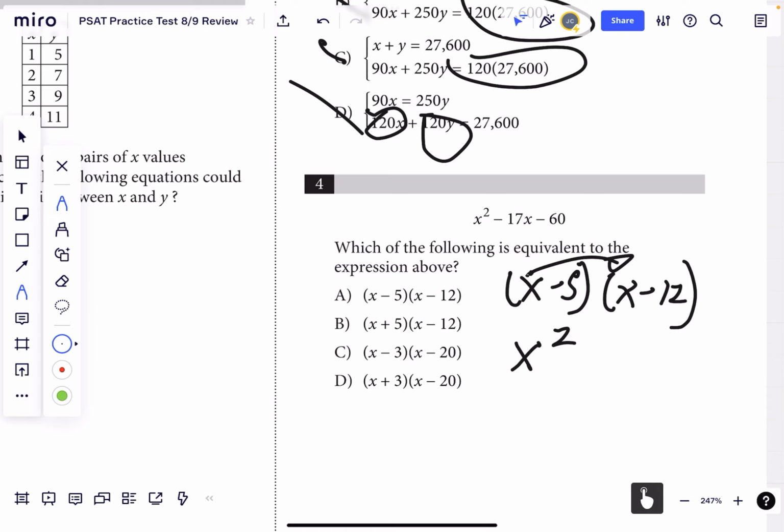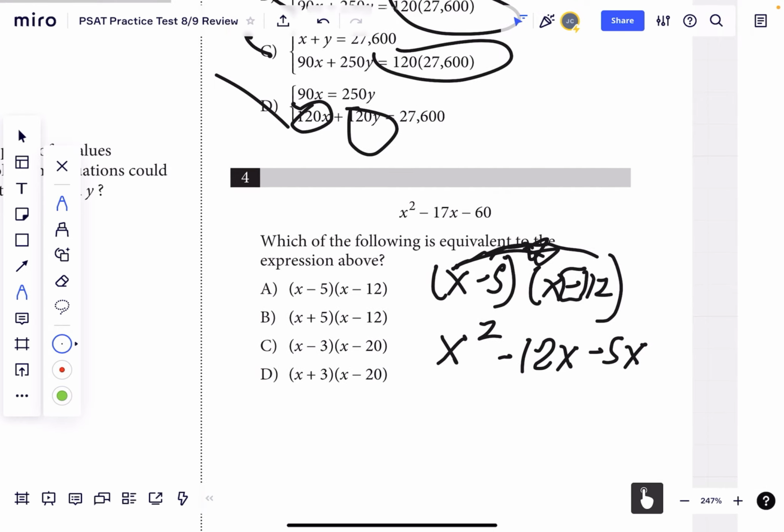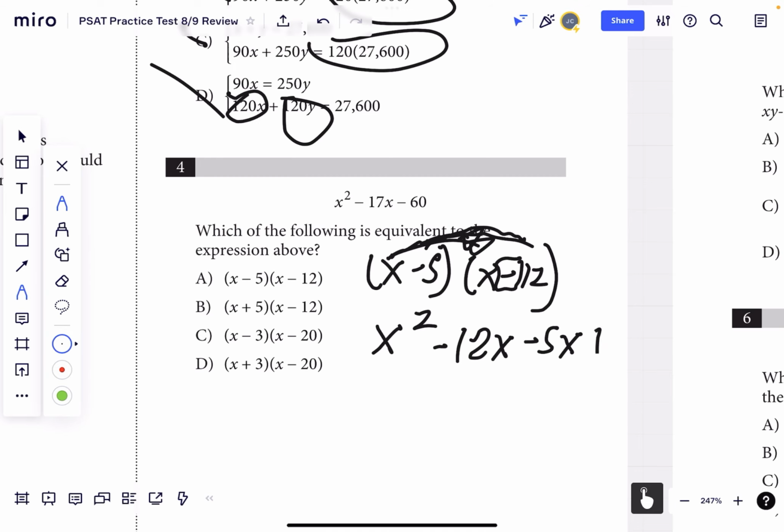Then we do x times 12, negative 12. We've got to remember this is a negative sign, so minus 12x. Then we distribute negative 5 to x, so we do minus 5x. Then we distribute negative 5 to negative 12, and we get plus 60.